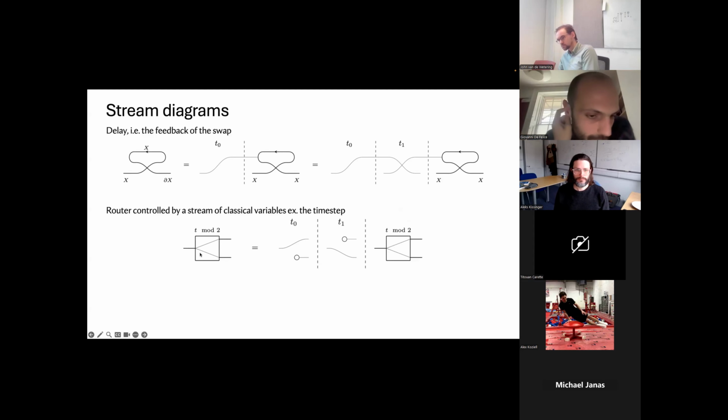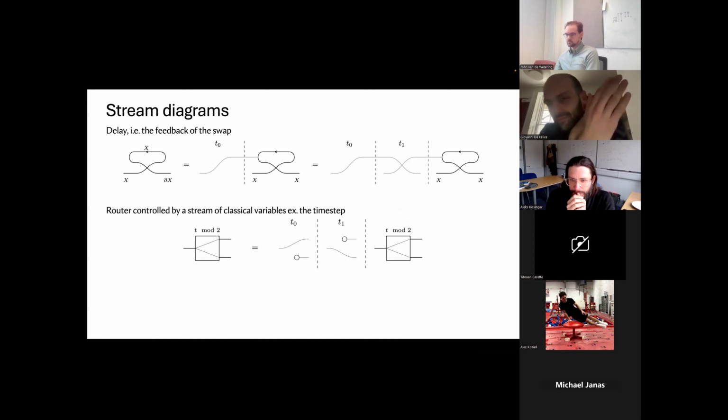An example of a router will route the photon either on the top wire or on the bottom wire. And in this case, I just want to define a recursive one that goes first up, then down, then up, then down. So you can define it by saying at time step 0, it goes up, at time step 1, it goes down, and then it's itself in the future.